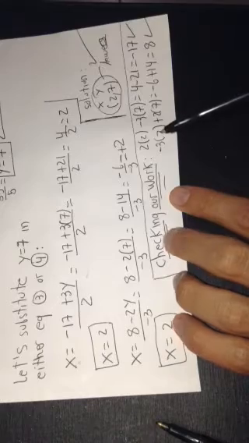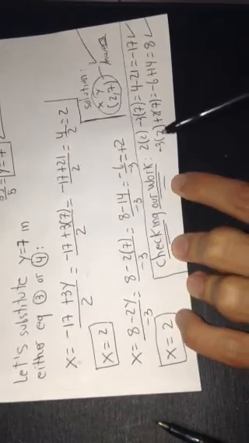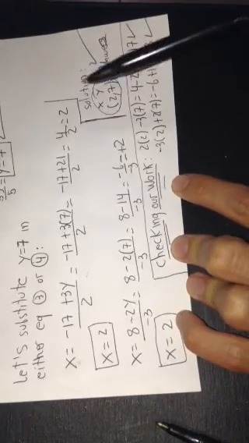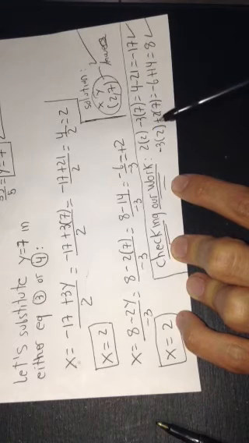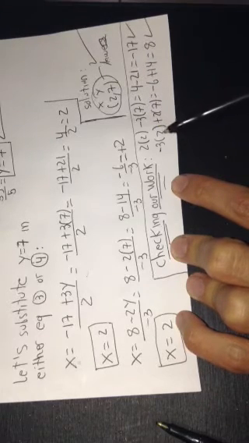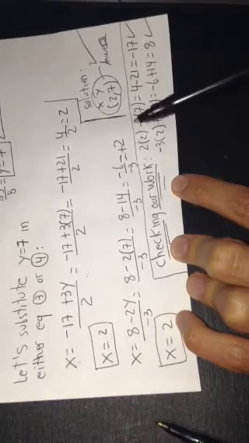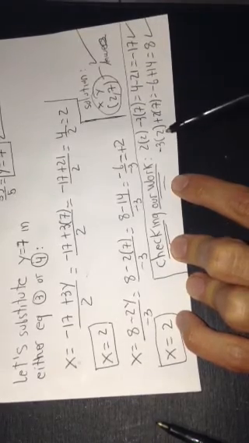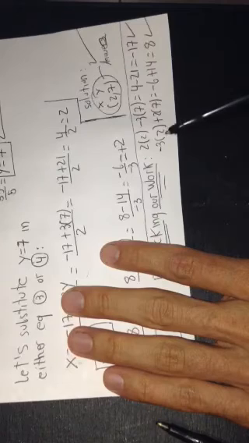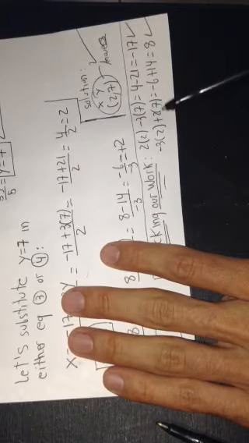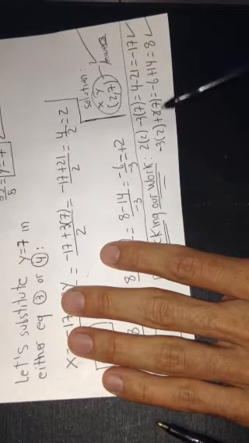Now let's try to check that indeed these values will satisfy equation number 2, in the same way as they satisfy equation number 1. Negative 3 times x, which is 2, plus 2 times y, which is 7.